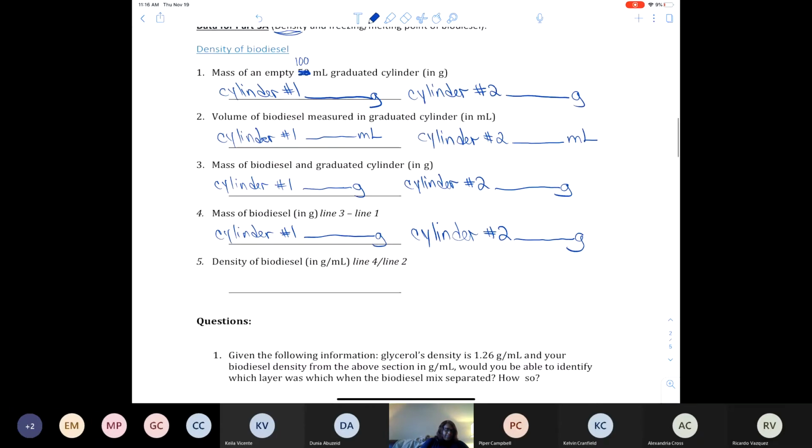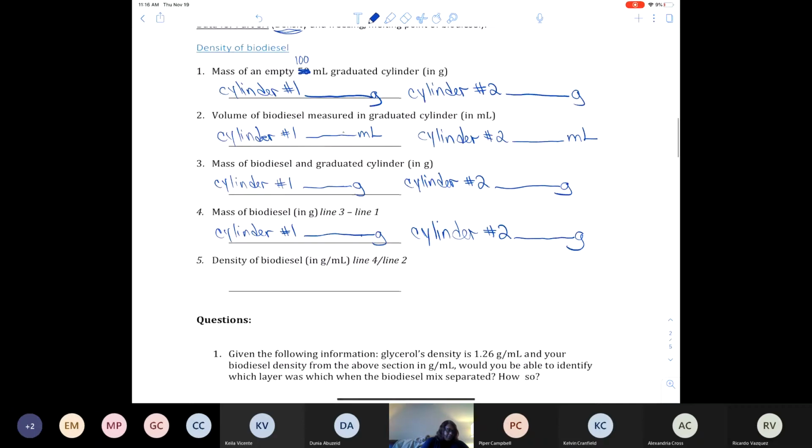And then to get the density, it is your mass divided by your volume. So you'll calculate two density values, one for the biodiesel in cylinder number 1, density units grams per milliliter, and then for cylinder number 2.